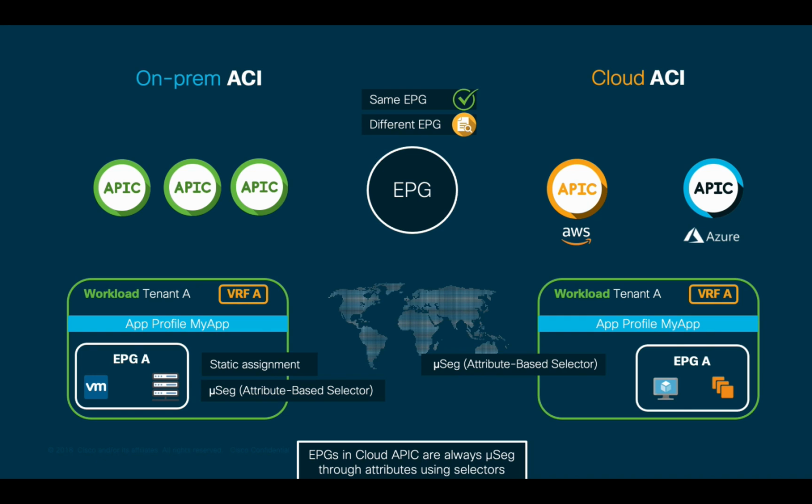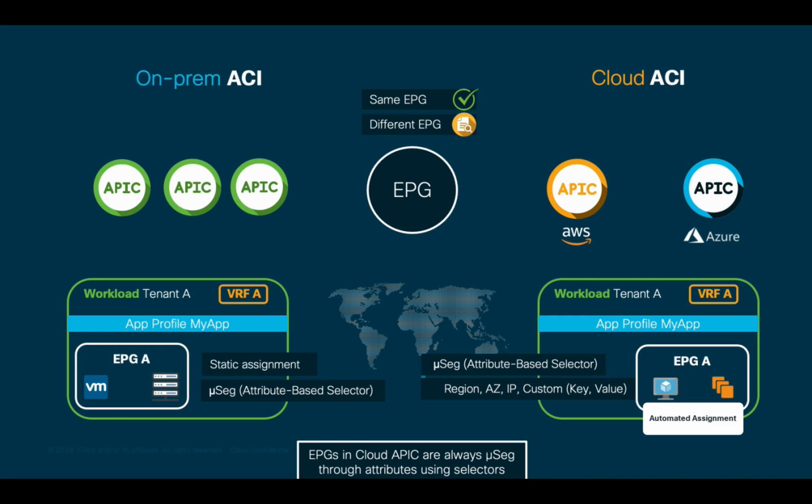We can set the selectors to match a specific region, availability zone, IP, tag, or multiple elements at the same time. Once cloud instances are created, ACI will map the instance to its corresponding EPG based on the selector configuration.